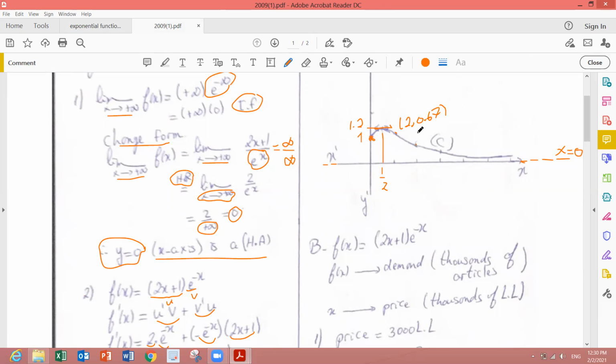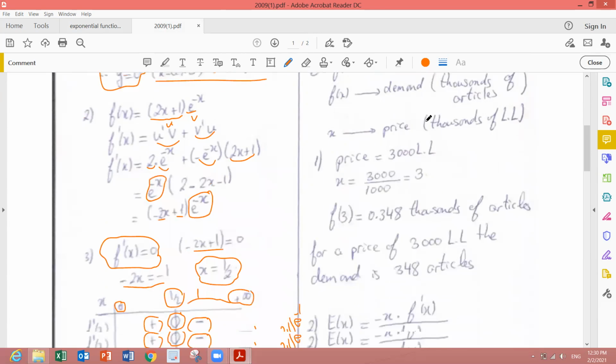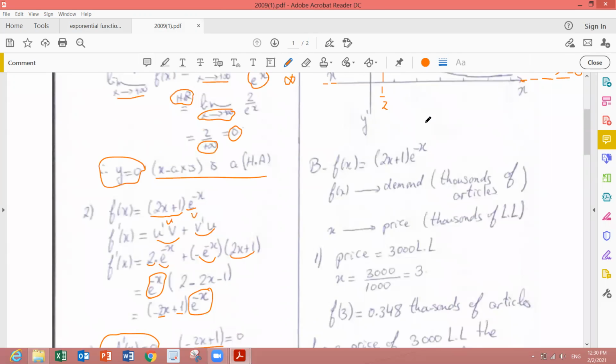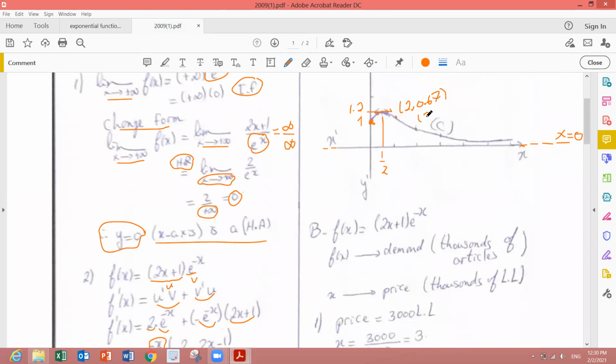And the other point is (3, 0.34), the second particular point. Now, the curve is increasing from (0, 1) to the maximum. Then it decreases, getting near the horizontal asymptote, which is the x-axis.